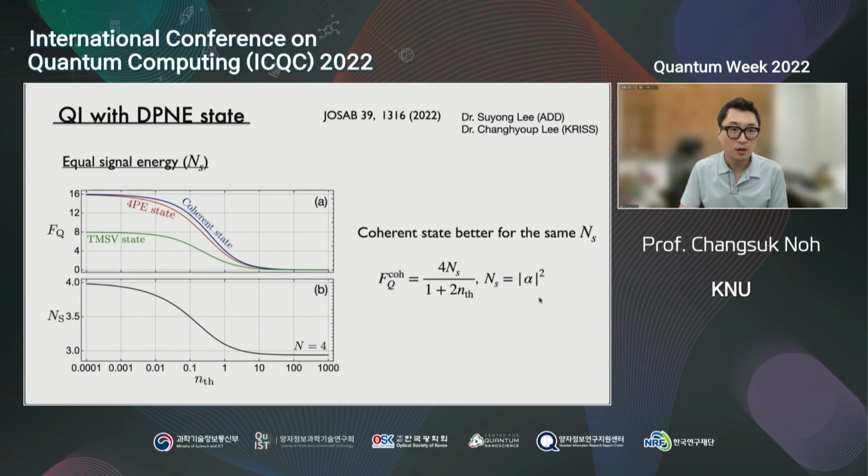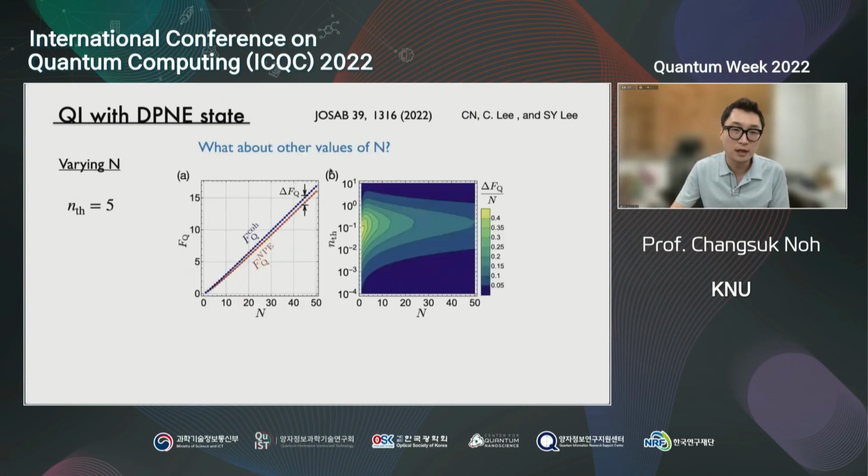That's one. Then we asked, what about other values of n, the total number of photons? We varied n while fixing the other values to a particular one, but that's not an important detail. If we increase n, initially the gap between the coherent Fisher information and the DPNE Fisher information widens, but it saturates out.